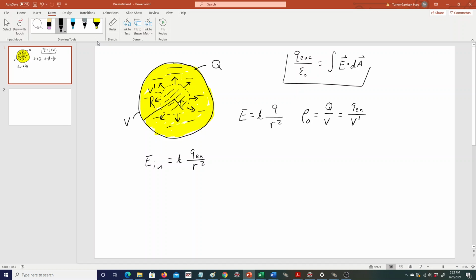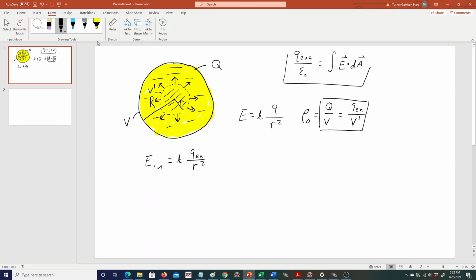And so now this right here gives you a very easy way to calculate what Q enclosed must be in terms of the total charge, the volume of the entire sphere, and the volume of your Gaussian surface.